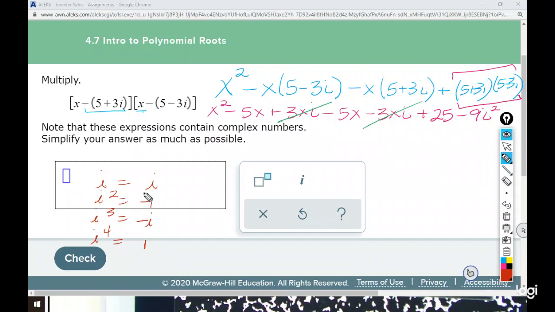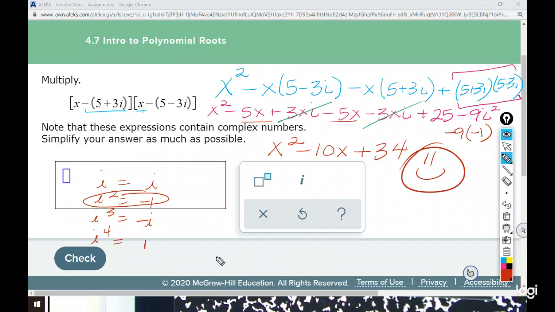So what does i squared equal? Negative 1. So I'll use that over here as that is a negative 9 times negative 1, which makes that a positive 9. So let's clean this up then. I've got x squared, that's negative 10x, and I have 25 plus 9 is, all right, you should get a nice, happy, pretty trinomial. If you don't, you did something wrong.